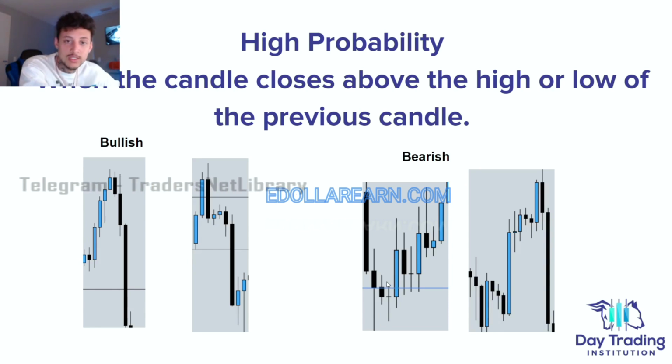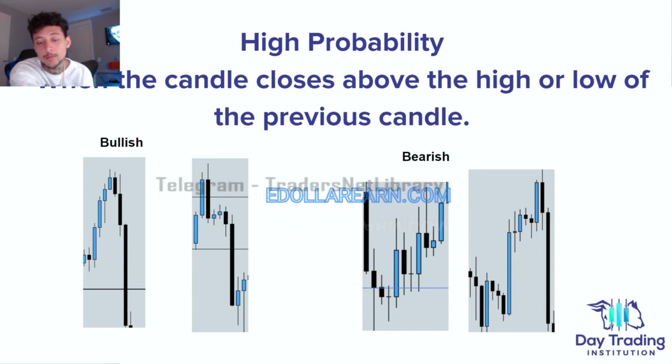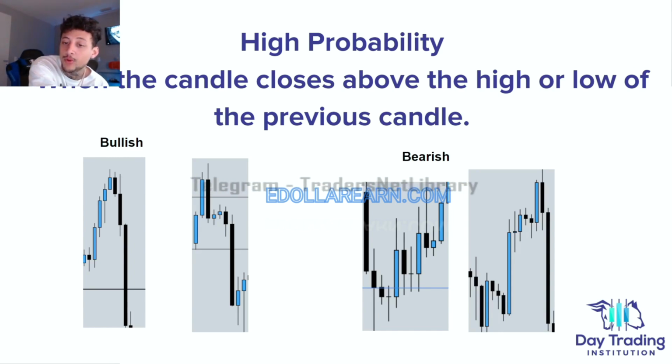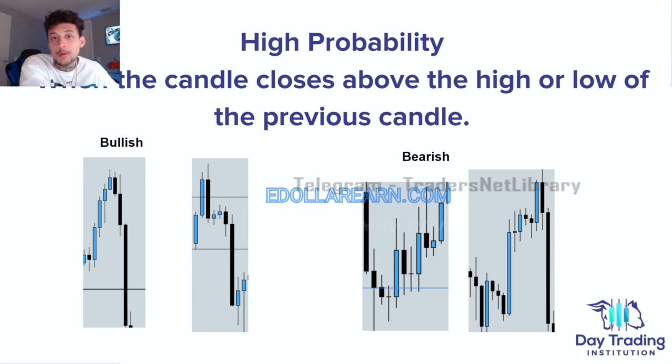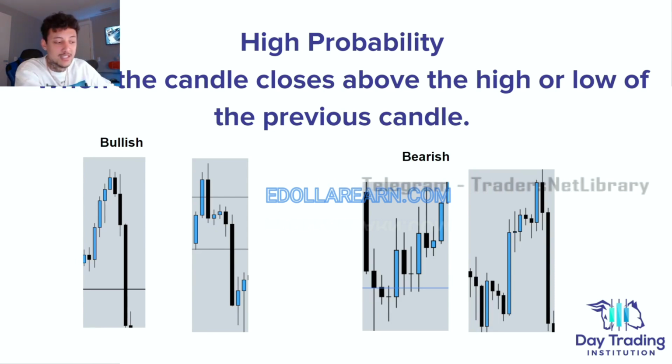That's really what we want to see. When we're looking at an entry candle to actually buy, we're going to be looking to take the trade only after we see price close above the highest high of the previous candlestick, right? Or the high of the candlestick. Basically, it has to close above the wick of the previous candlestick, right? It's as simple as that.